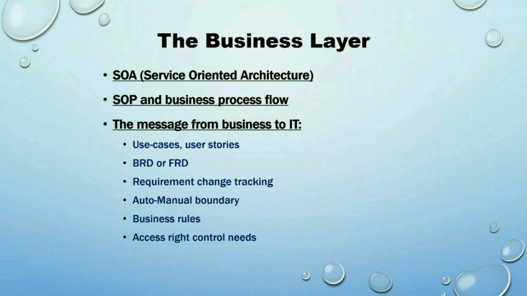Outer manual boundary. Okay, this is an important item that many times is missing from an analysis. The outer manual boundary basically specifies what should be done by human or what should be done by machine, and how to pass on the control back and forth from human to machine and vice versa.